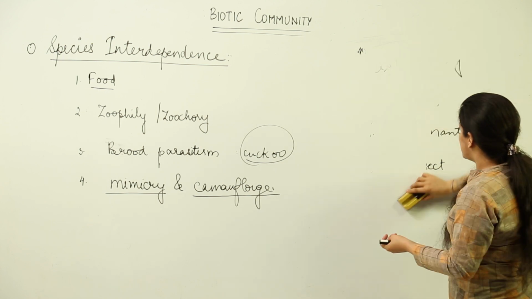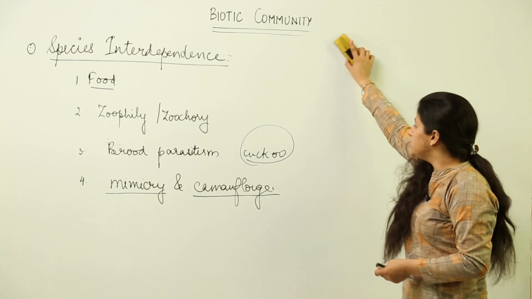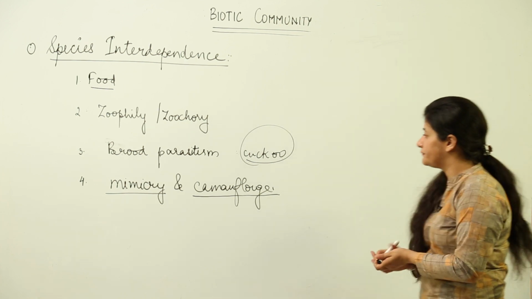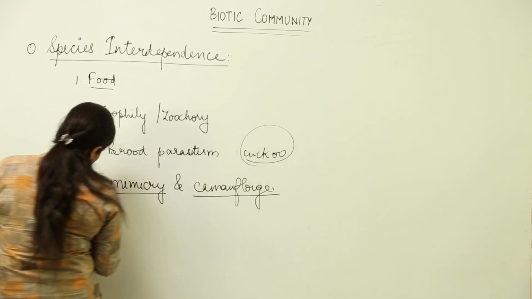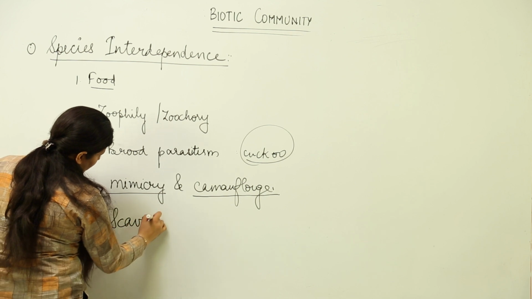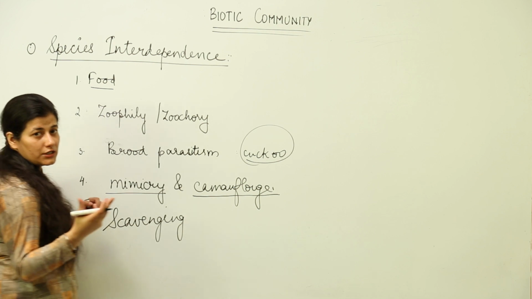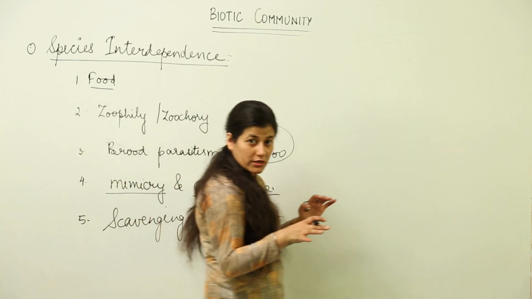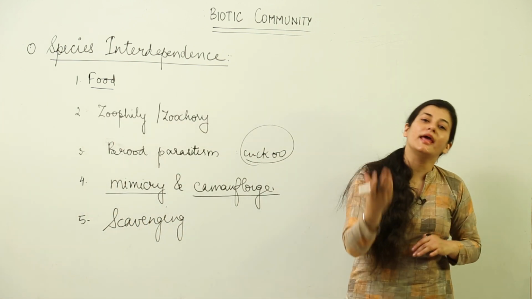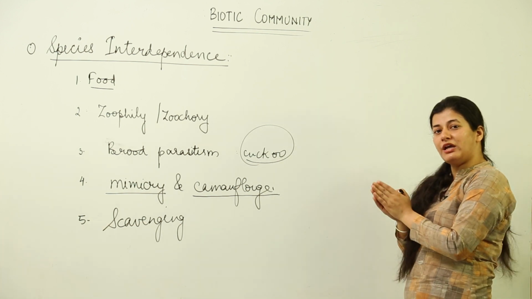And the last interaction that we have, not interaction I would say, interdependence, is scavenging. Now what is scavenging? Scavenging is a condition where the organism feeds on a dead animal which has been killed by someone else. So the organism would feed on a dead animal which could be prey to someone else.